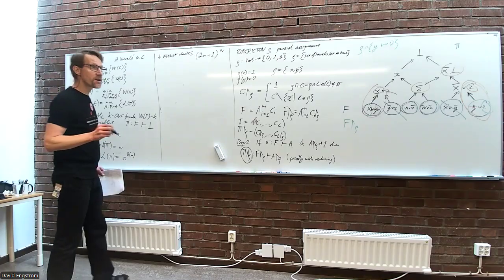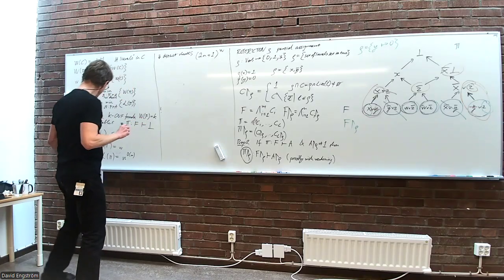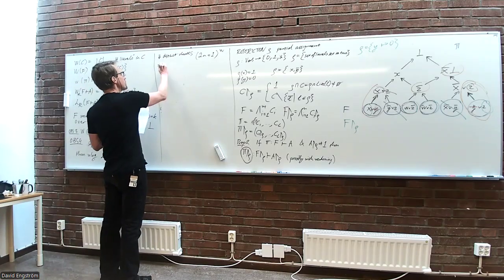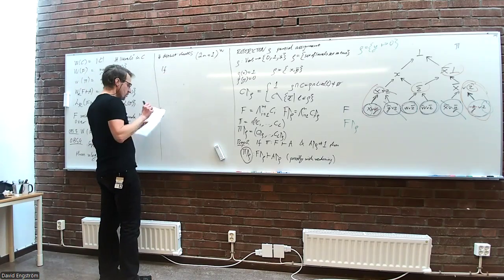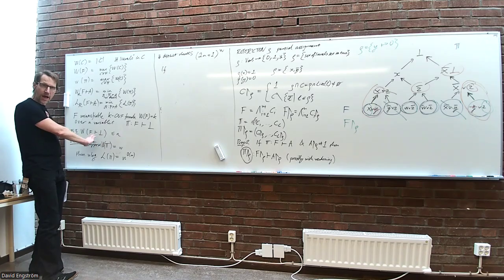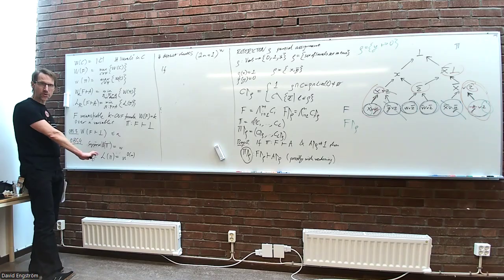So the main topic of today is something slightly less obvious. Let me rephrase this. You could say, well, if there is a narrow refutation of F, then there is also a short refutation of F. This is one way of saying this, but it's slightly imprecise.